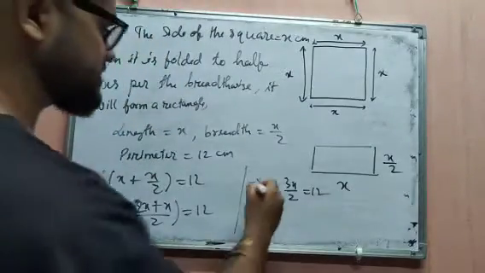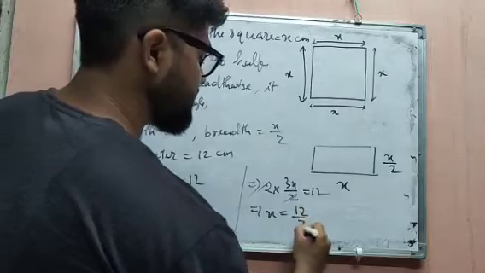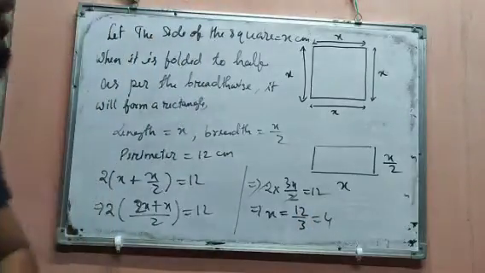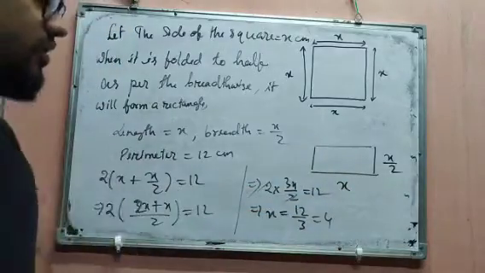By doing the calculation you will get x equal to 12 by 3, equal to 4. So we have got the square side as 4 centimeter.